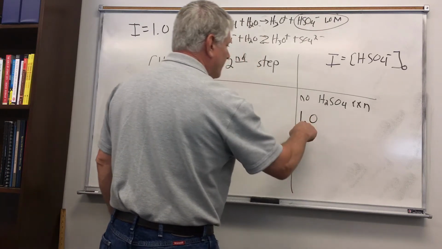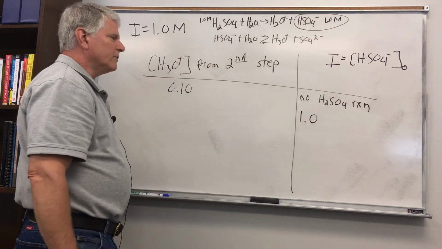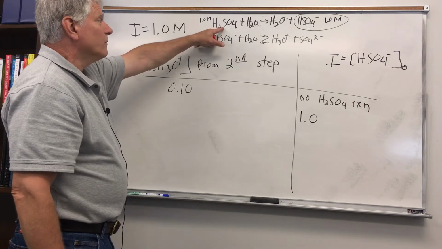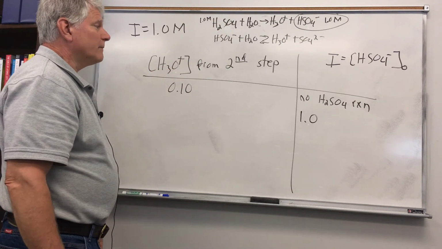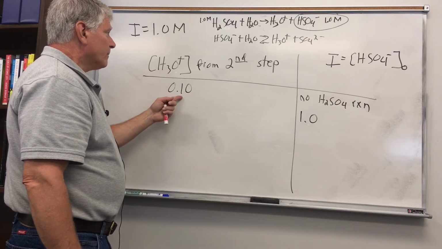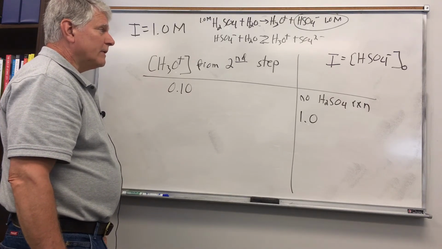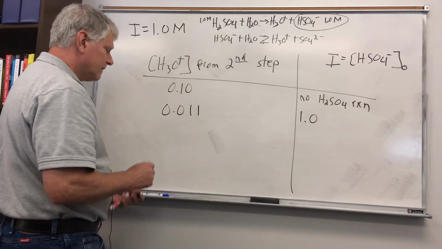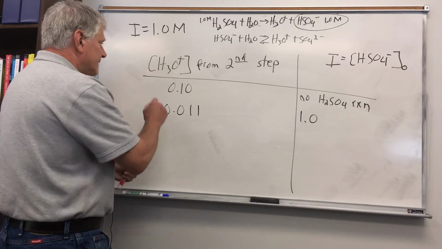So if the concentration is 1.0 molar H2SO4, and we actually let the first step exist, then the amount of H3O+ from the second step has been reduced to 0.011.